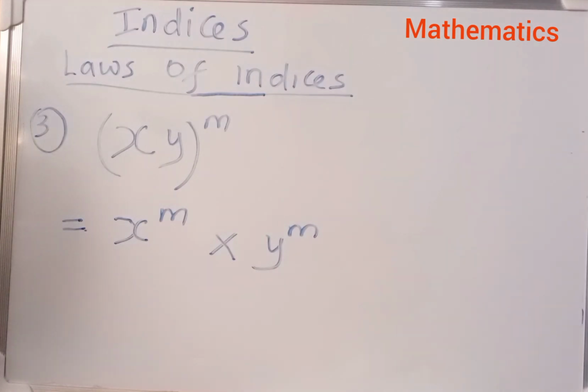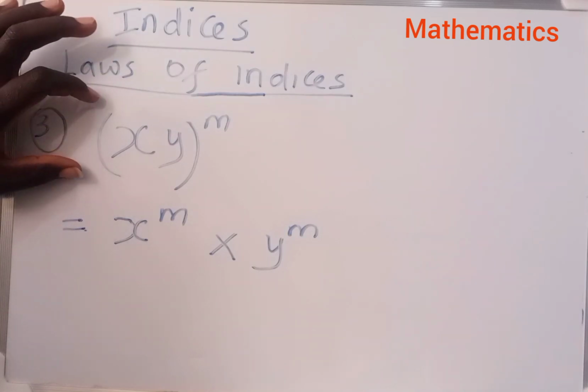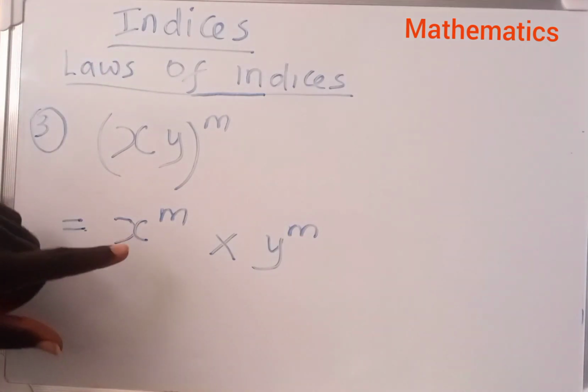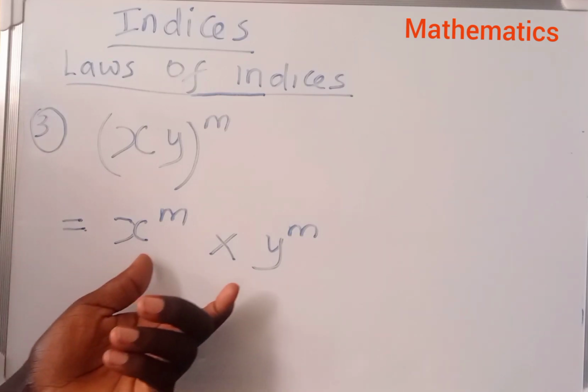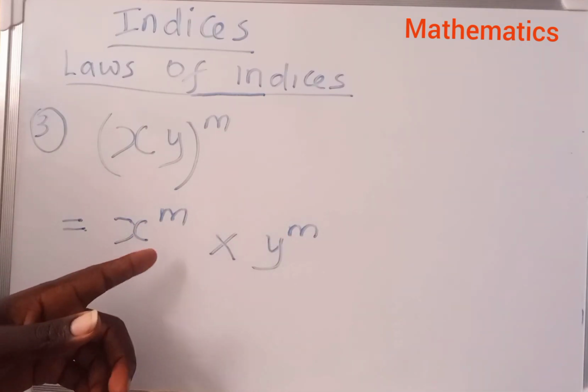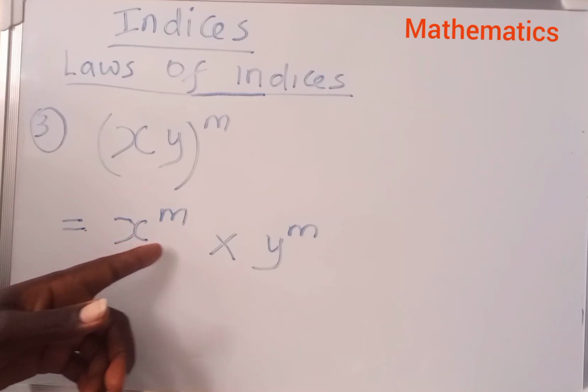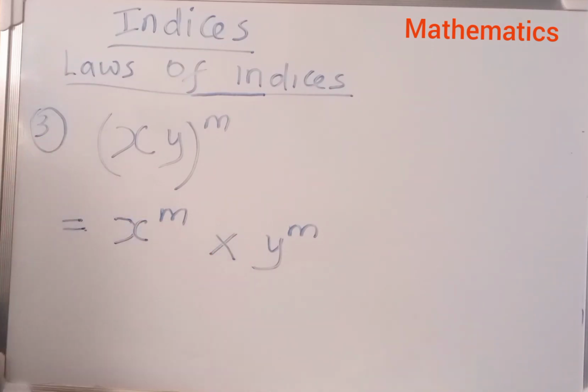Or you can have a question in this form, and how do you combine them? Since they have the same powers, you just take x times y, which is xy, then you raise to m.